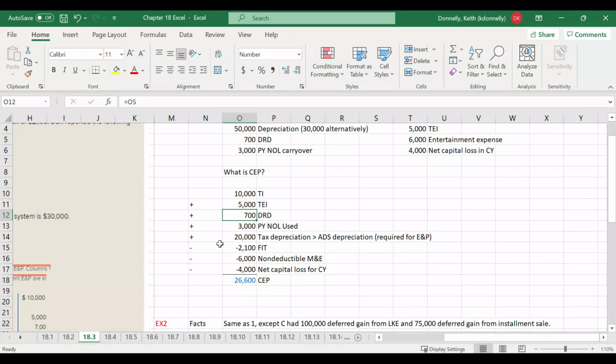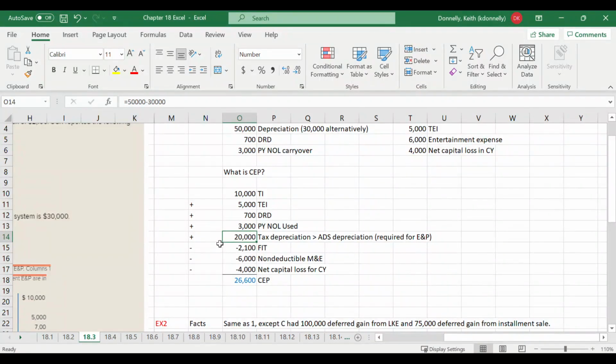Likewise, we took a deduction for the dividends received deduction on our tax return, but that's really not an economic deduction. That's just a tax fiction. We have to reverse that out, add it in. Same with an NOL carryover from a prior year. That's not really something that was economic in the current year, so we shouldn't be allowed to utilize it, add it back if we previously subtracted it.